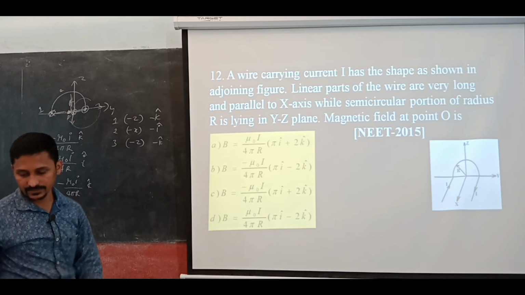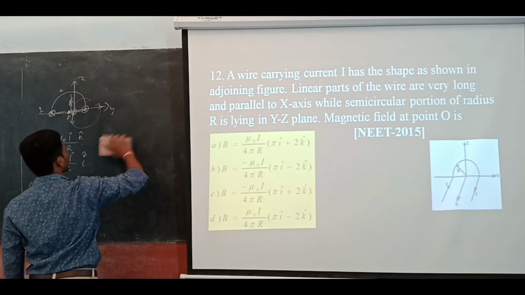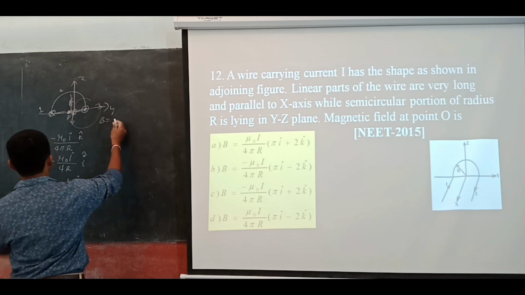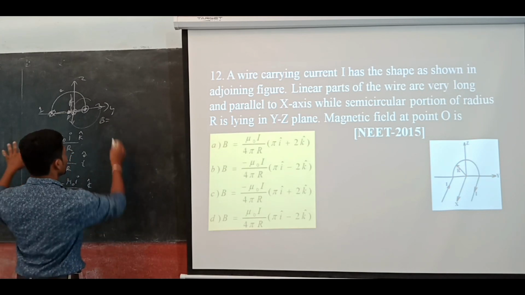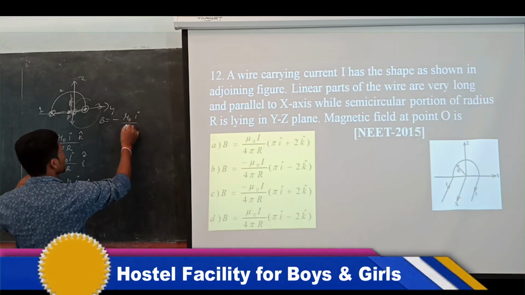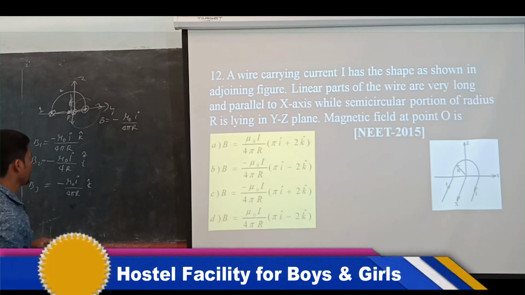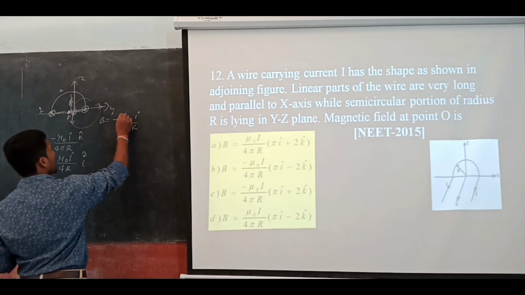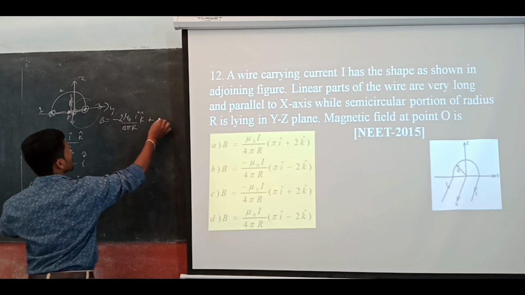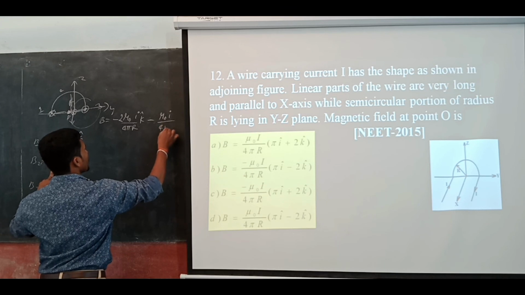You have to add them so that you get the total answer, that is B. So add and tell me. Both are the same, the minus I am going to take out, that is mu naught I divided by 4 pi r, that is 2 times, in the same direction, plus mu naught I divided by 4r.